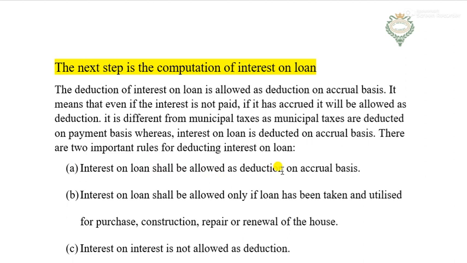Means that suppose for the year 2020, the total interest on loan that you have to pay is 2 lakhs, but you pay only 1 lakh 50,000. So what will be the total deduction allowed to you? It will be 2 lakhs, because it does not depend on how much you have paid or not paid. It depends on how much you have to pay this year.